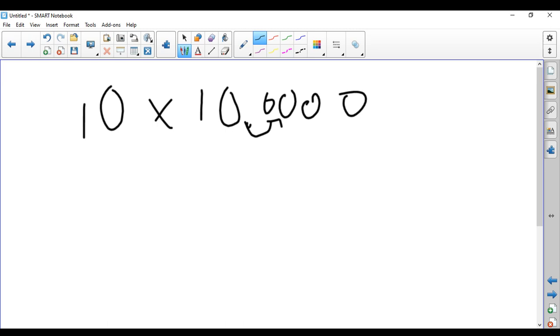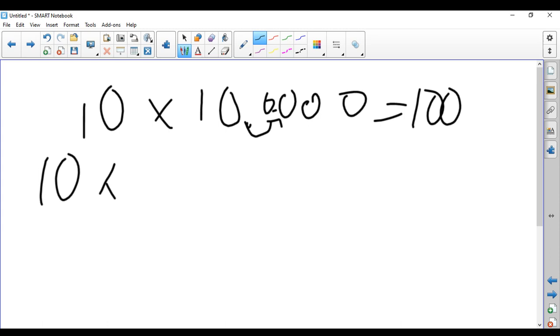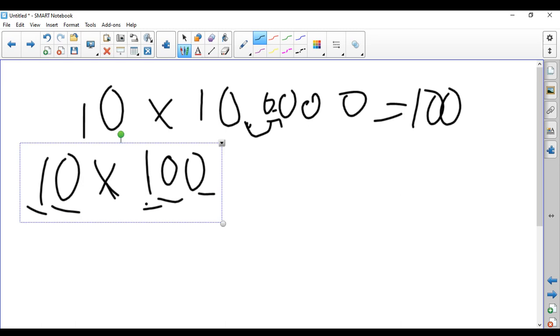So 10 times 10, I've moved the invisible decimal over here, and now I have 100. We also talked about counting the zeros. If I have 10 times 100, I see boom, boom, boom. I don't see any changes with the ones. 1 times 1 is 1. So I'm going to have 1 and then 3 zeros. Again, do this with your calculator if you don't believe me.